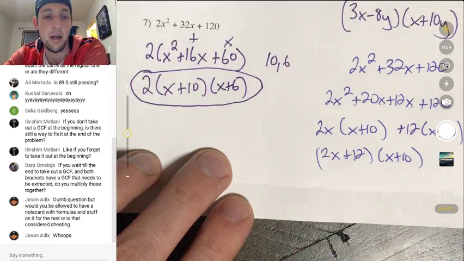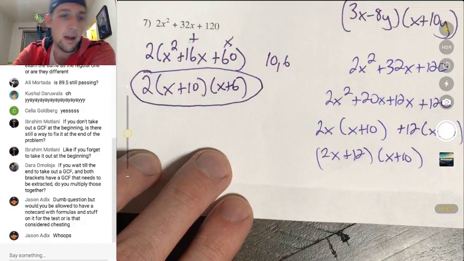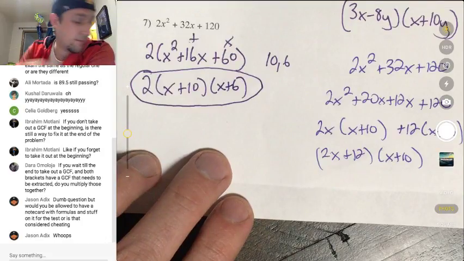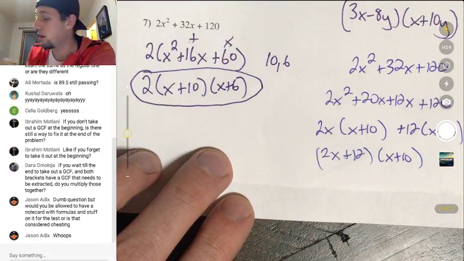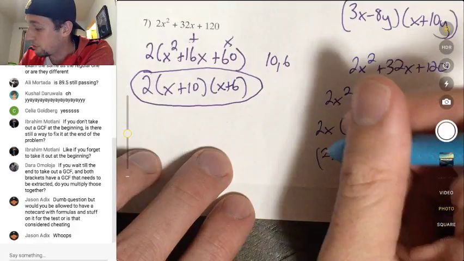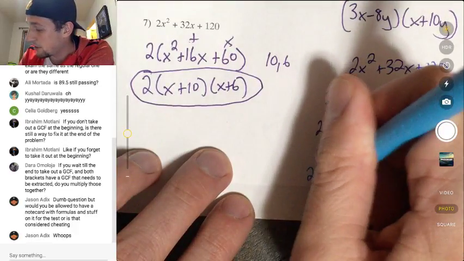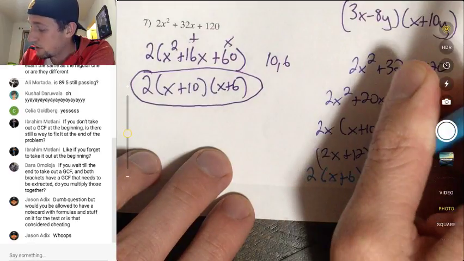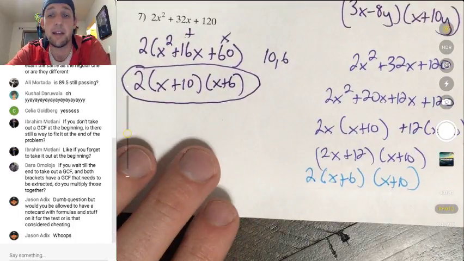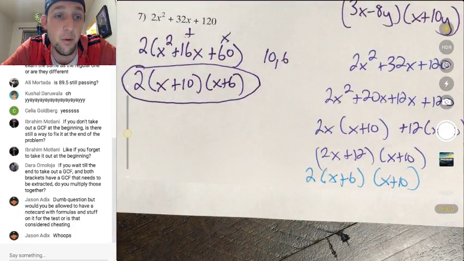What we could do is factor that 2x plus 12 further. We would take out a GCF of 2 from there, and we'd be left with x plus 6, and the other one is still x plus 10. We don't have to take out a GCF from both. We just need to take one out from one. And then we get the exact same answer. That's pretty cool.